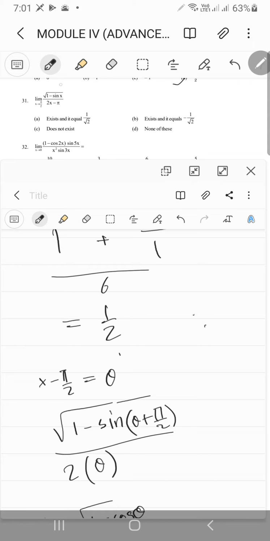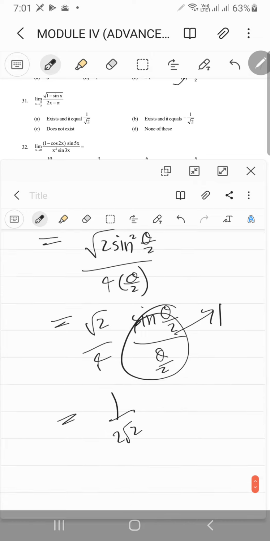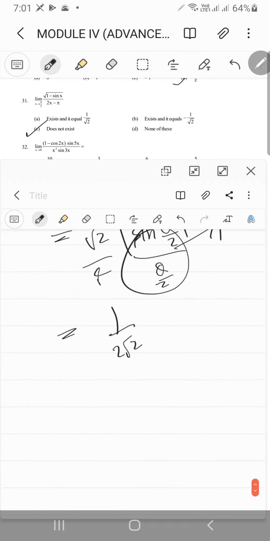This square root thing actually already puts a restriction that this should be in mod. So this is like mod sine theta by 2 upon theta by 2, and this limit actually does not exist because the left hand limit is -1 and the right hand limit is +1. So yeah, it does not exist. So that explains why we didn't get a good answer.